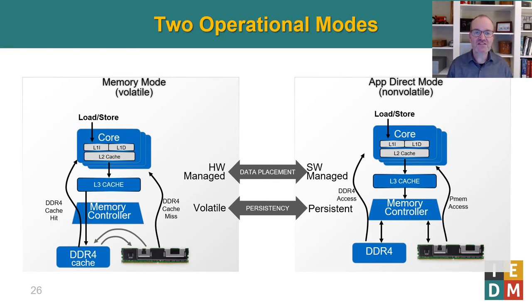In this case, data is actually pulled from the DIMM into the DDR4 memory, which is managed as a cache. So it's managed as the last level cache, as the LLC. A very large cache, of course, so it can hold a very large working set. The software sees a single memory image that includes both what's in DDR4 and what's in persistent memory itself.